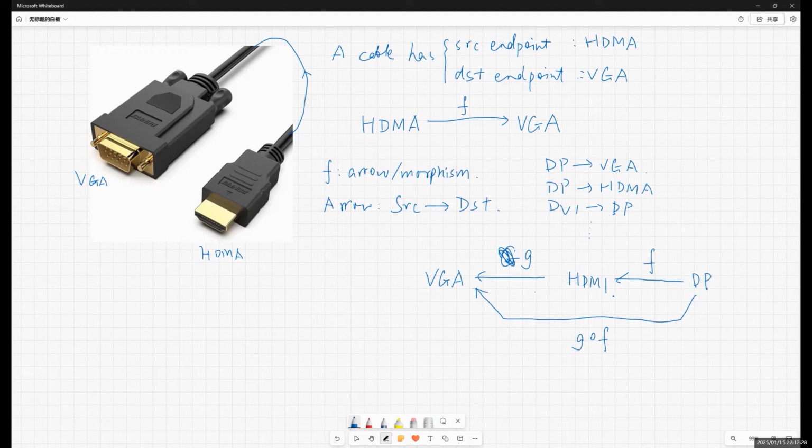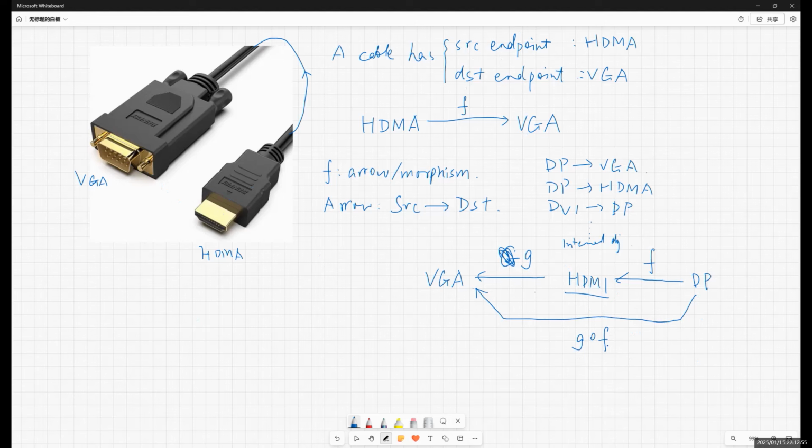This is a composition. We can't ignore the existence of HDMI because it's the intermediate object, and if we link two cables together, we are only concerned about the source endpoint and destination endpoint.